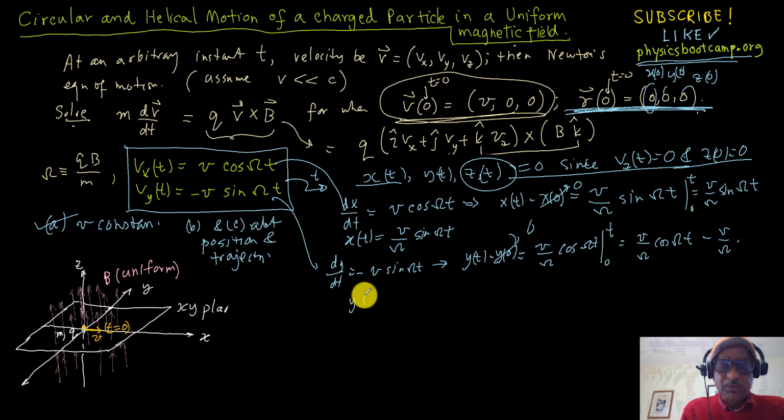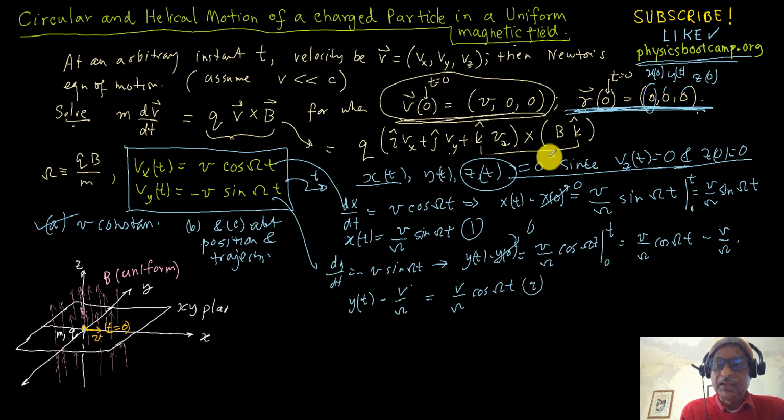So y of t plus v over omega equals v over omega cosine omega t. This is 1, and this is 2, and this is 3. So we've done one of them. Those are the equations.